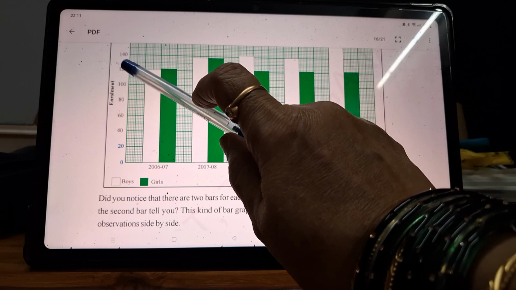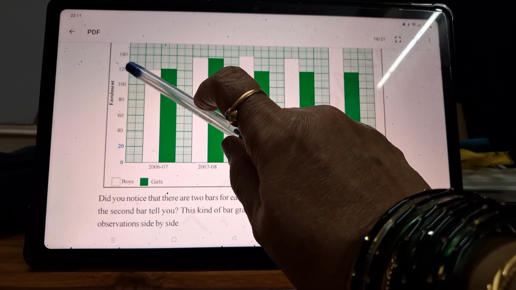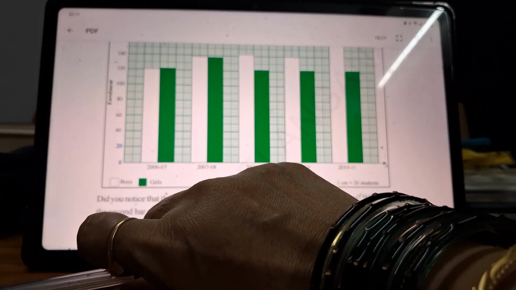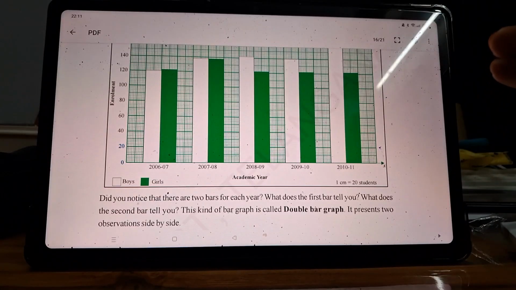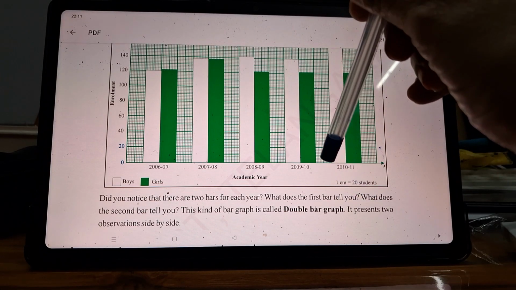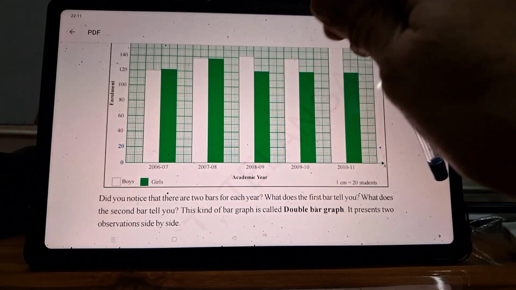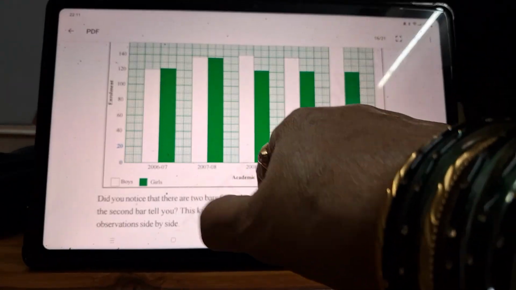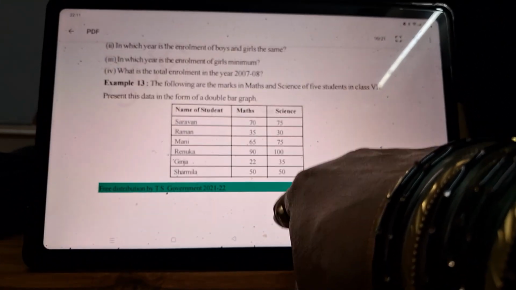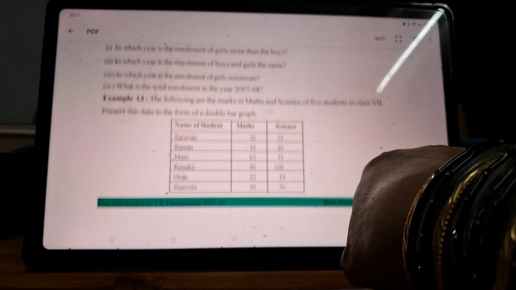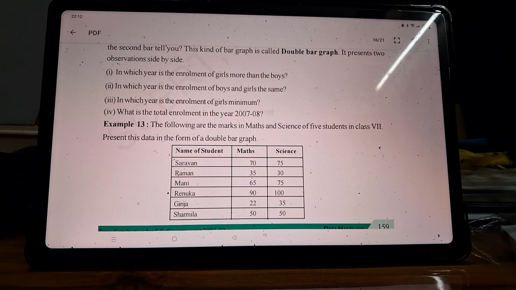From here to here, 5 units are taken as 10 units. So here how much have you got? Nearing 140, very near to 140. Approximately you can consider it as 140 for both. Okay, this is about the answers for these questions, children.